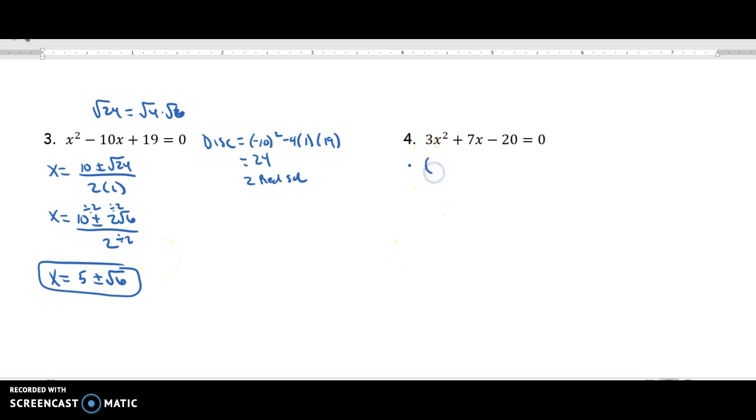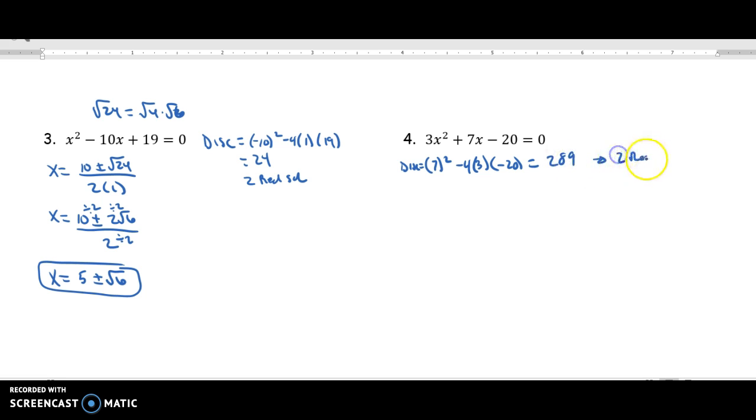And the last one, find the discriminant. So we get 7 squared minus 4 times a is 3 times c is negative 20. So right away we get 49 minus 4 times 3 times negative 20, and you get 289.